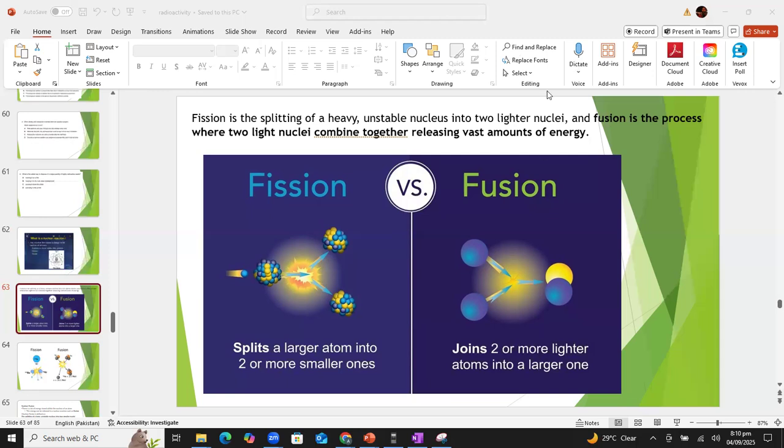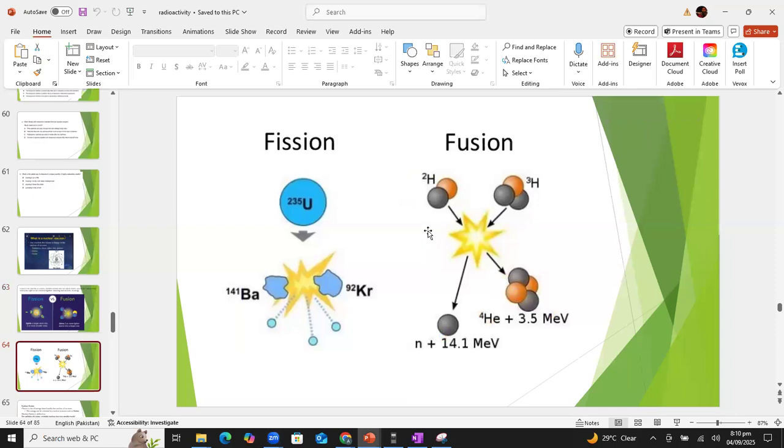In fusion reaction, two lighter nuclei are fused together to form a heavy nucleus. In fusion, students, two lighter nuclei are forcefully fused together because they both are hydrogen nuclei, and a hydrogen nucleus has a positive charge. So it is difficult to fuse two positive charges because of a strong force of repulsion between them.